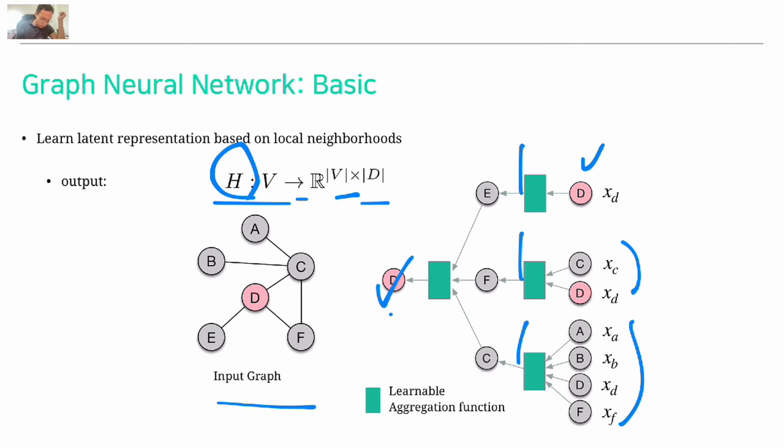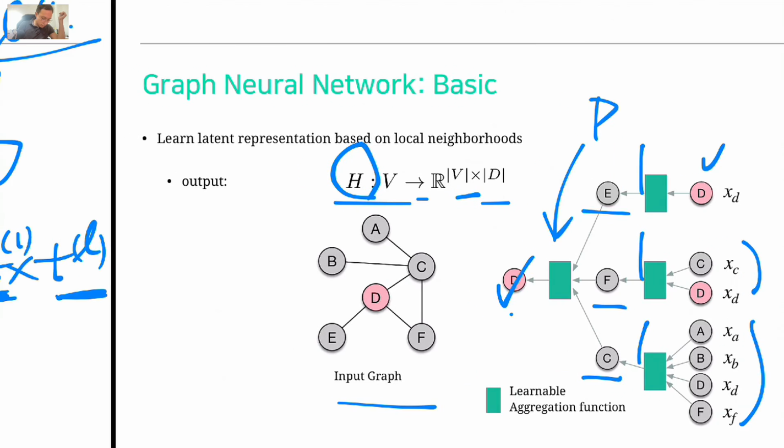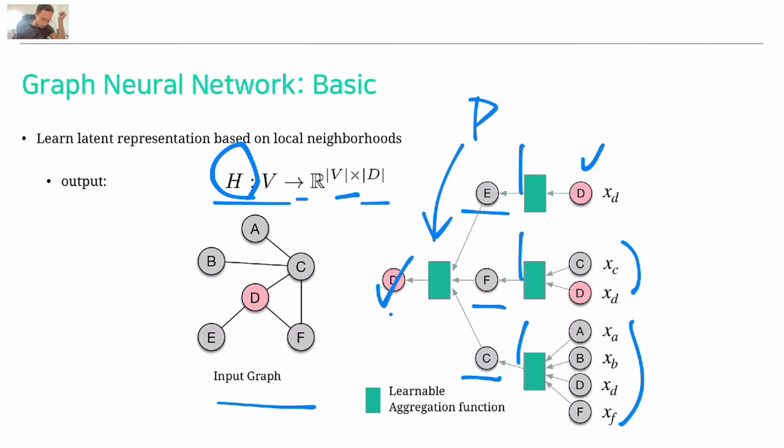And then we propagate once again to decide the final representation of D. We consider E, F, G, and D. So if you understand the previous propagation step, it's not a big deal, I believe. So any questions, let me know.